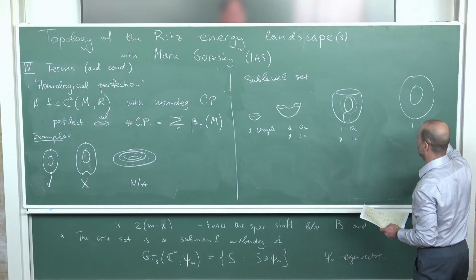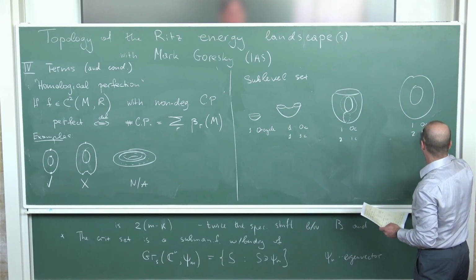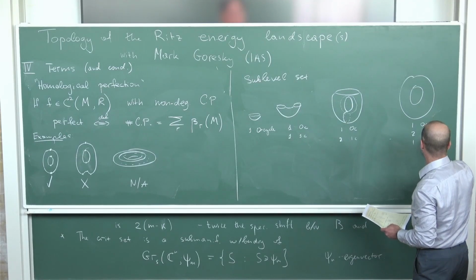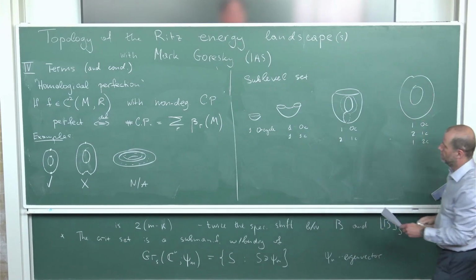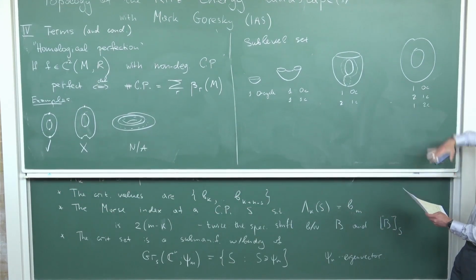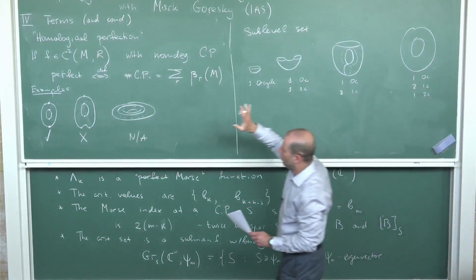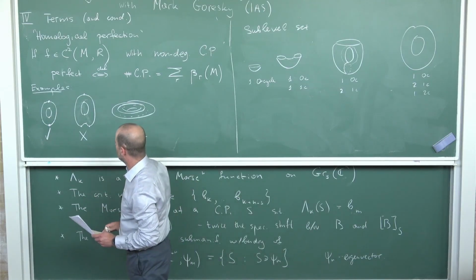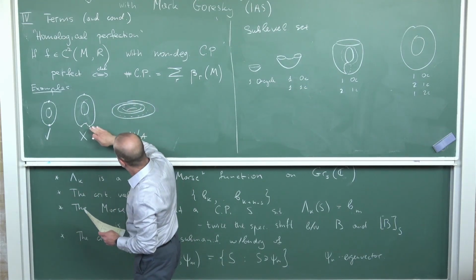Well, I do not know how to imagine them, but there will be one 2-cycle after we're done chopping it up. This is the process of sublevel set evolution for this one, which we said is perfect by this criterion. So how about this one?